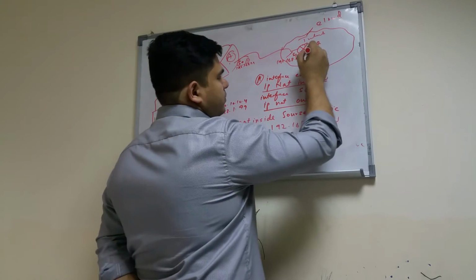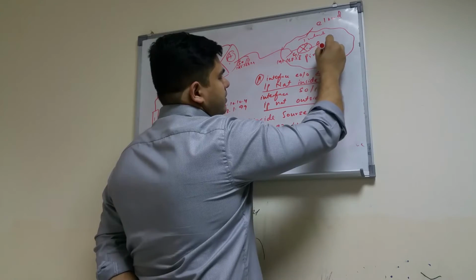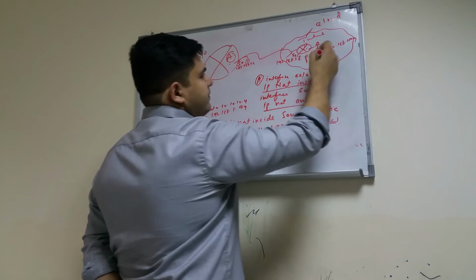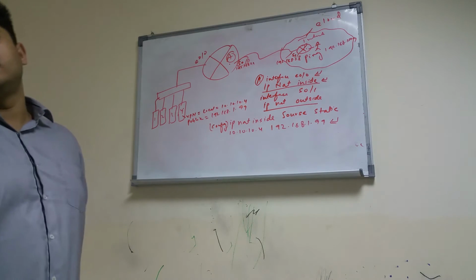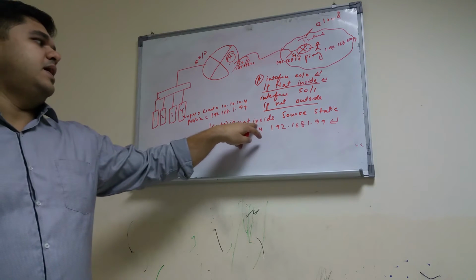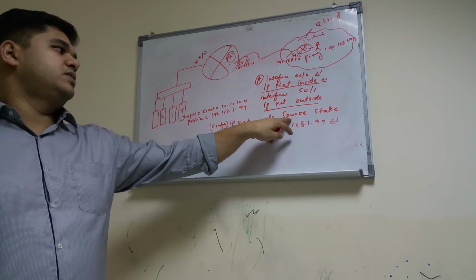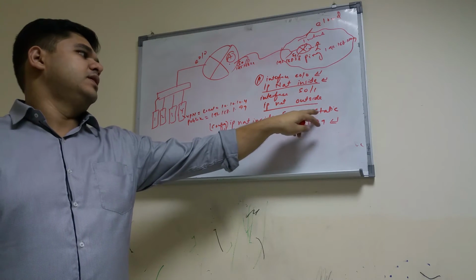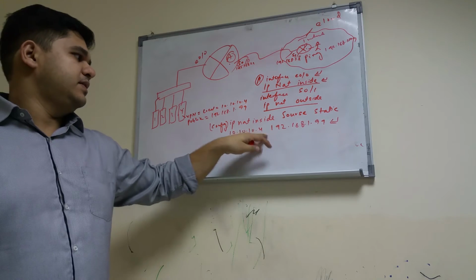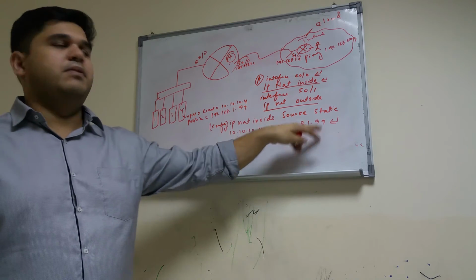By sitting on this router, you type ping 192.168.1.99, and if the reply comes, that means your lab is successful. The command is ip nat inside source static, then the local IP and then the public IP, and enter.